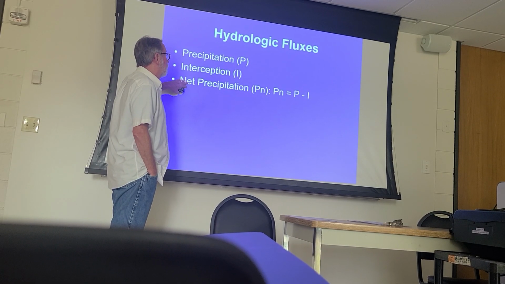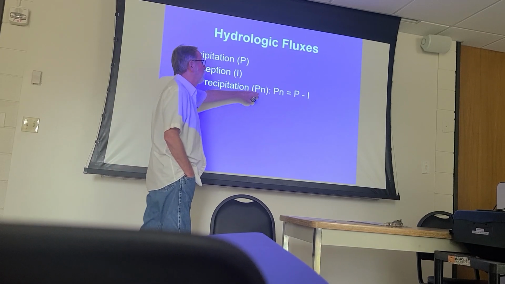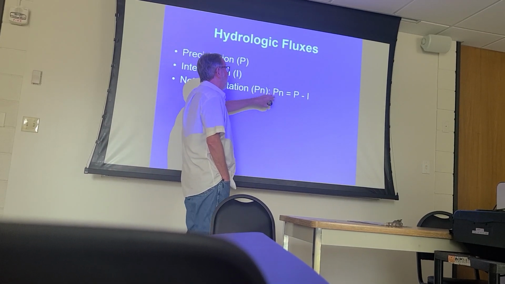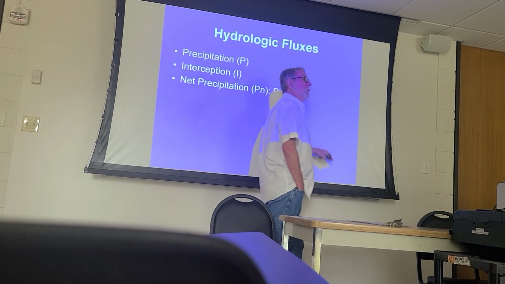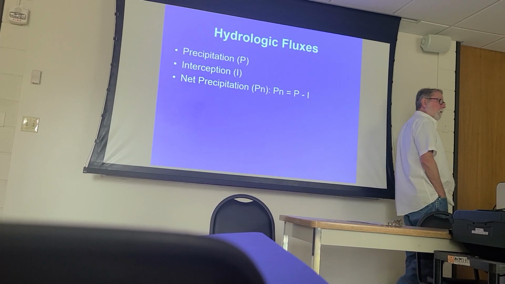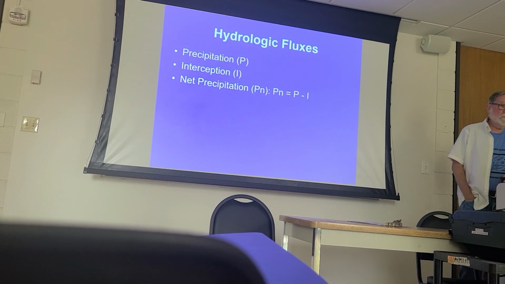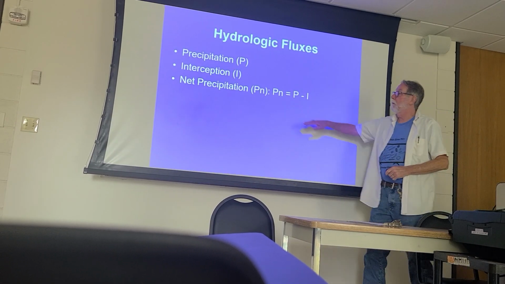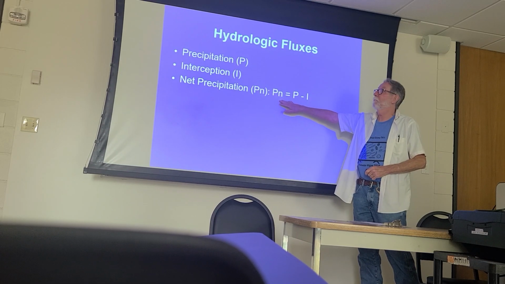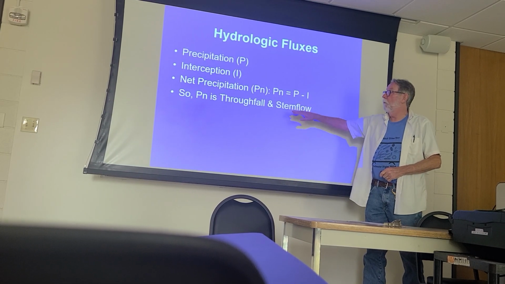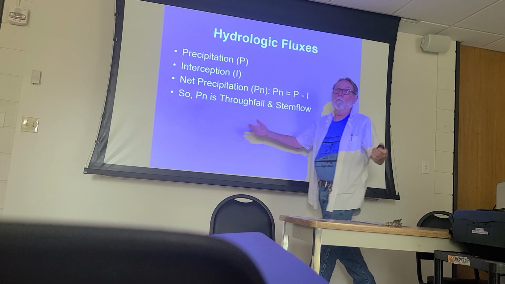So in a wetland budget, they also report what's called net precipitation, which is simply precipitation minus interception. That's often considered in the budget. So what actually is reaching the wetland is PN. What would PN mean? That would be throughfall and stemflow.